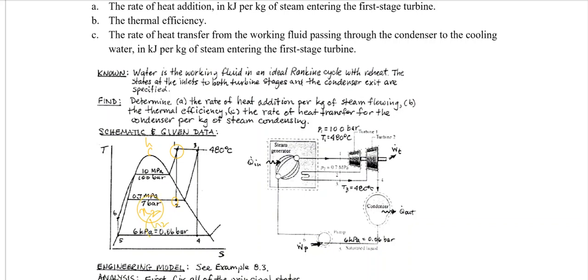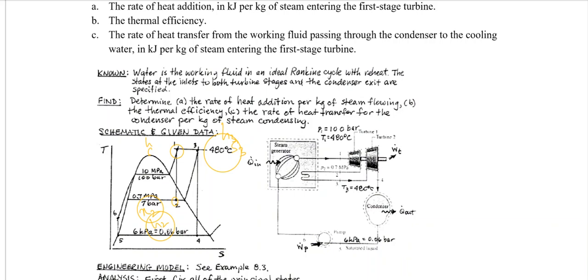Then we will be reheating it to 480 degrees centigrade. For 480 degrees centigrade, we will again check the steam table, in the superheated steam table. We will find enthalpy h3 and entropy s3 as well.